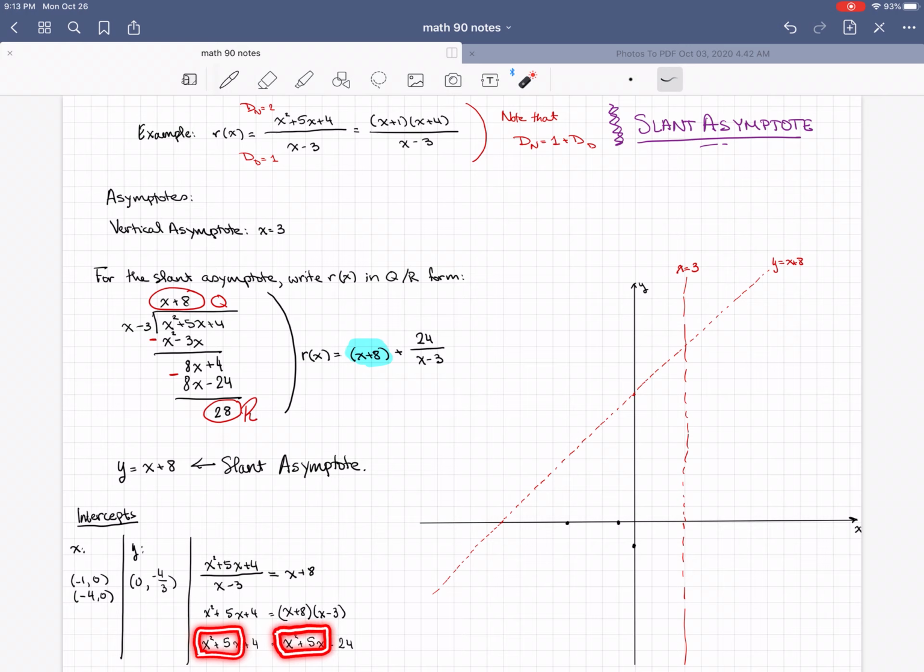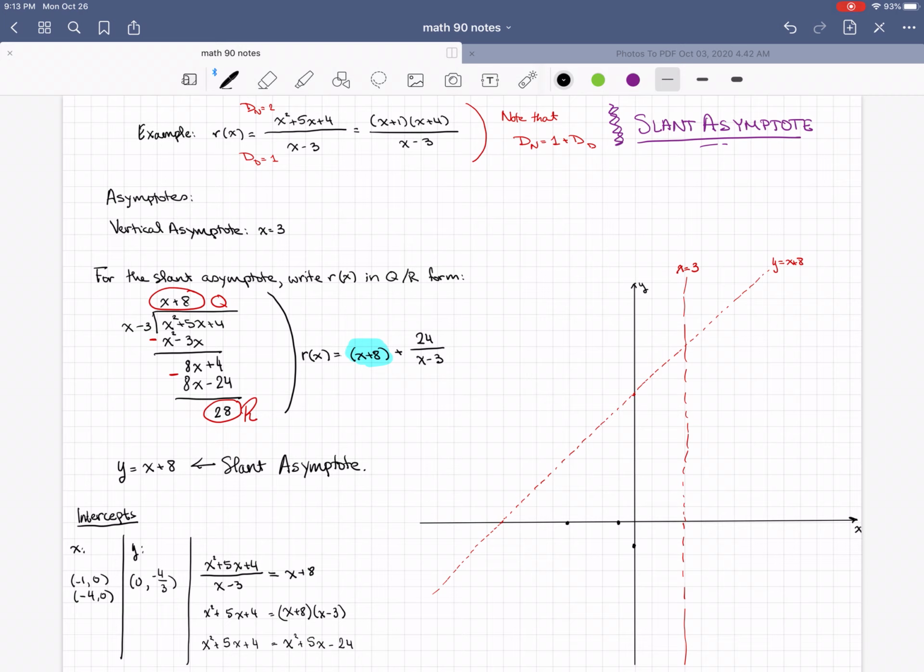So no matter what x is, these two things I have in red boxes right now are going to be the same. The x squared plus 5x's are going to be equal to each other no matter what. But on the left, you're adding 4. On the right, you're subtracting 24. So you are never going to end up with the same value if you took something and added 4 to it, or you took the same thing and you subtracted 24.